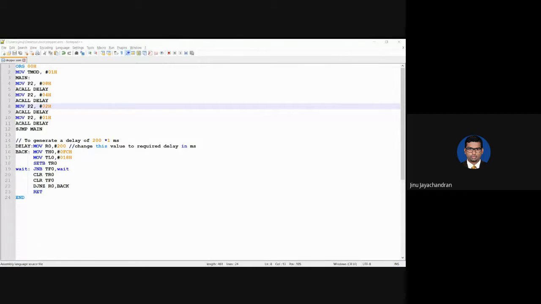Initially the command is 0x08, 04, 02 and 01. That turns clockwise. If you want to turn anti-clockwise, you reverse the command: first 01, then 02, then 04, and then 08. That will turn anti-clockwise.